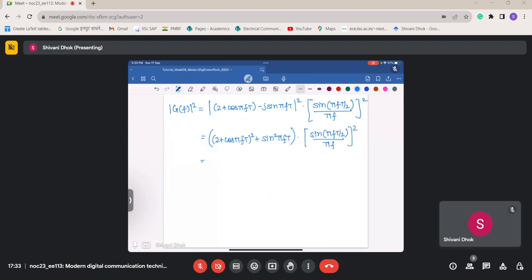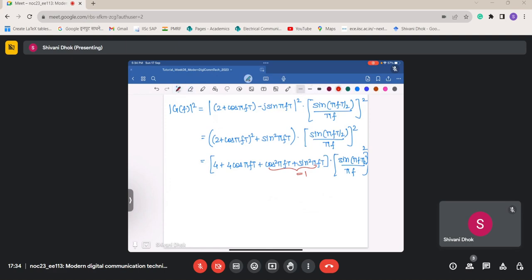Now this I can write as 4 plus 4 cos pi f T plus cos square pi f T plus sine square pi f T, multiplied by sine of pi f T by 2 upon pi f whole square. Now this quantity, cos square plus sine square, is equal to 1.